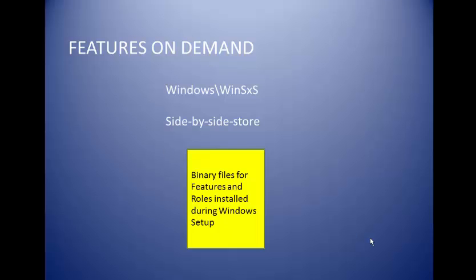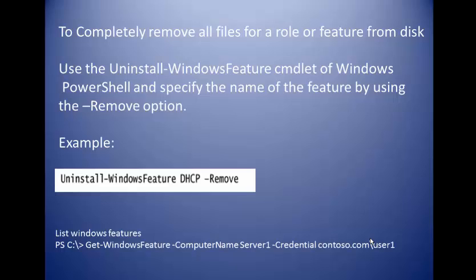Now, let's take a look at how we would go about removing all the files for a role or feature from your disk inside the side-by-side directory. We can use the Windows feature commandlet, and this commandlet is called Uninstall-WindowsFeature.